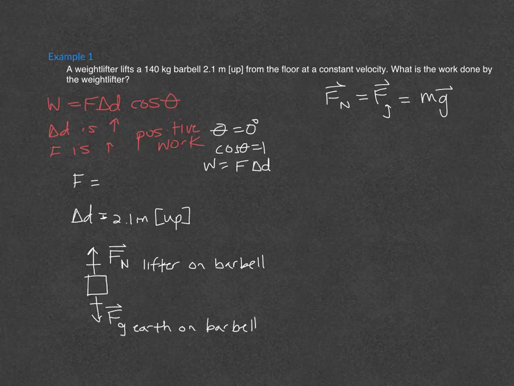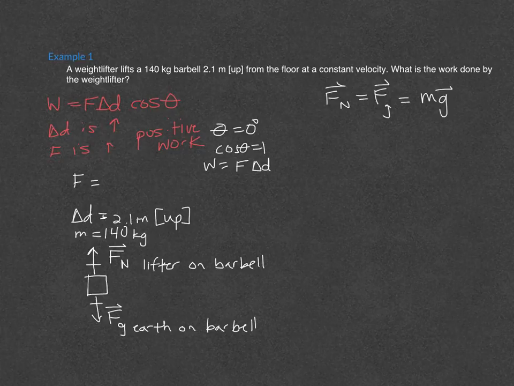So I know my mass is 140 kilograms. If I know the mass, I can figure out the force of gravity, and because the lifter is lifting it at constant velocity, that's going to be the force that the lifter is lifting it up with.